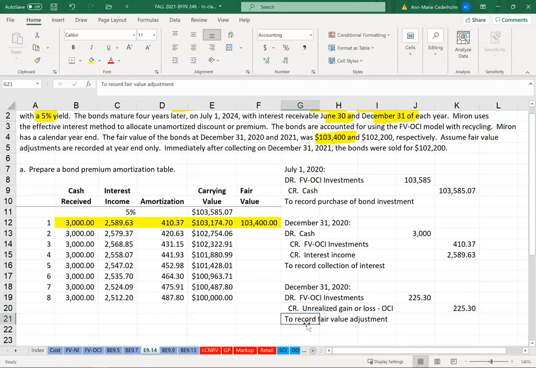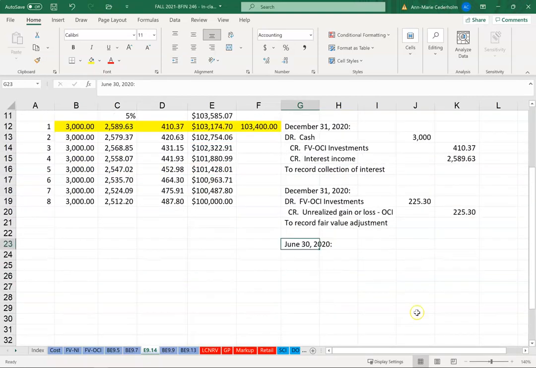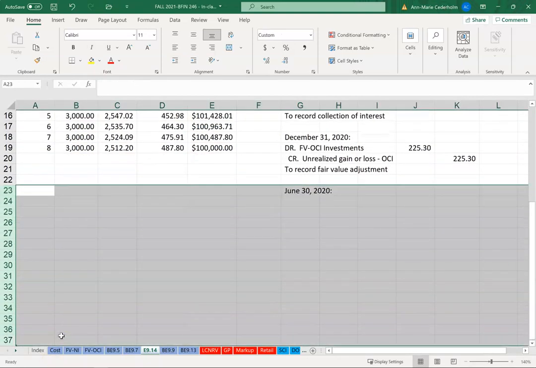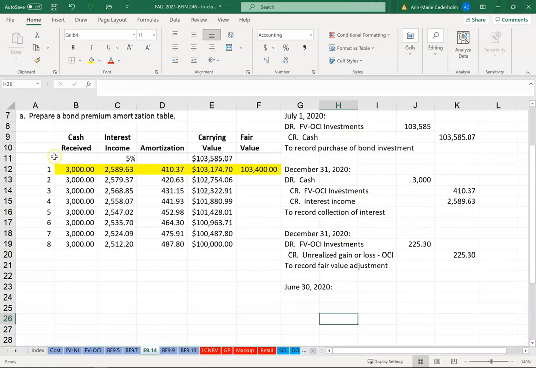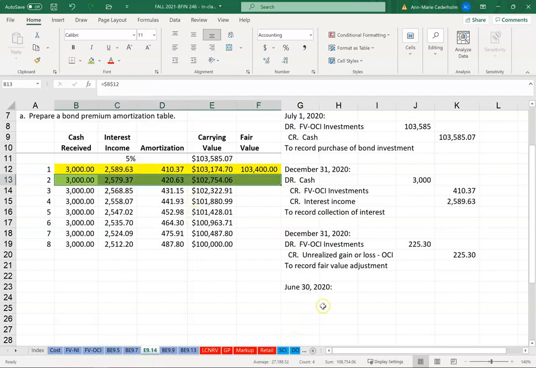Okay, now our next step is to record the collection of interest on June 30th. So I'll say June 30th, 2020. I'm now going to do this line here. I'll just highlight that one in green.